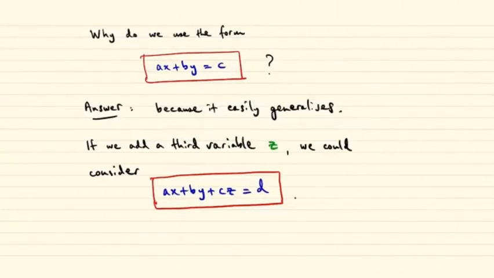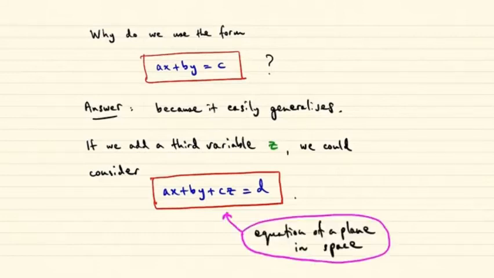Now your first guess might be that this is the equation of a line in space. But in fact, it is the equation of a two-dimensional plane in space.